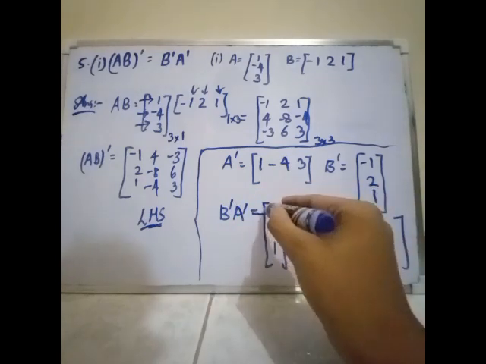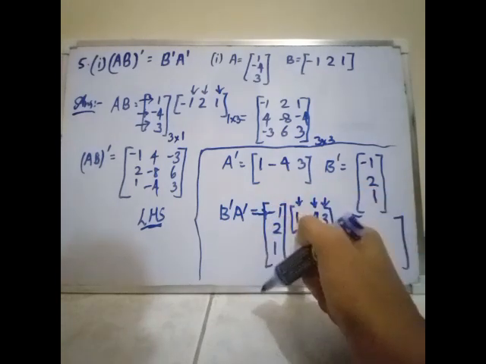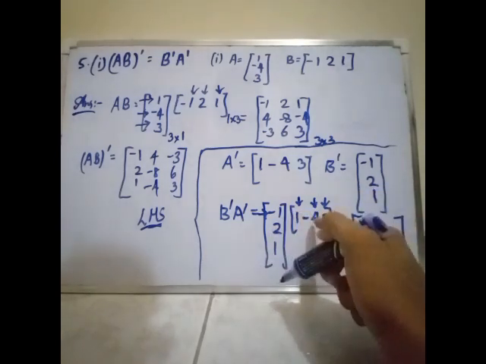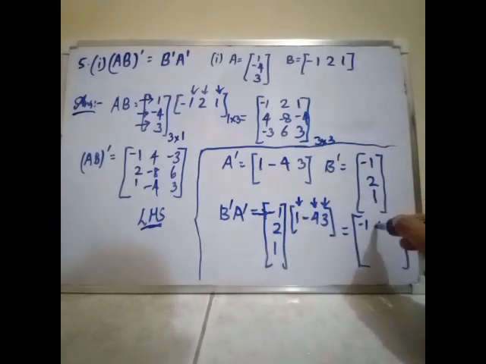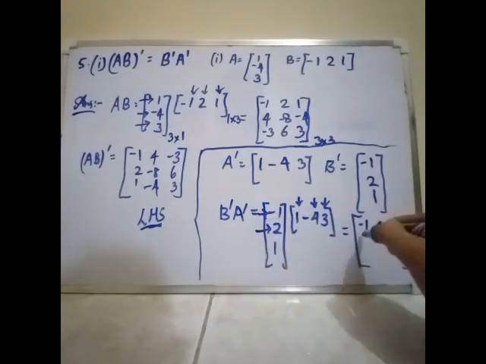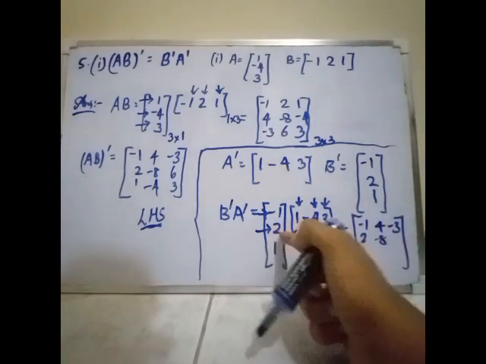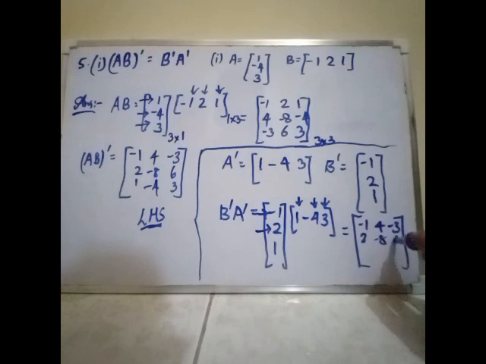So again the same step, first row with each column. Minus 1 times 1 would be minus 1, minus 1 times minus 4 would be plus 4, and minus 1 times 3 would be minus 3. Then 2 times 1 would be 2, 2 times minus 4 would be minus 8, and 2 times 3 would be 6.